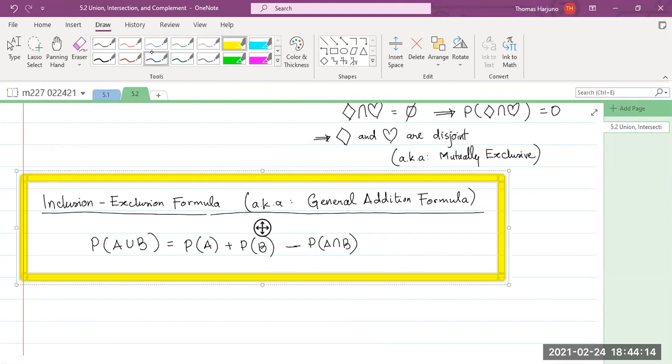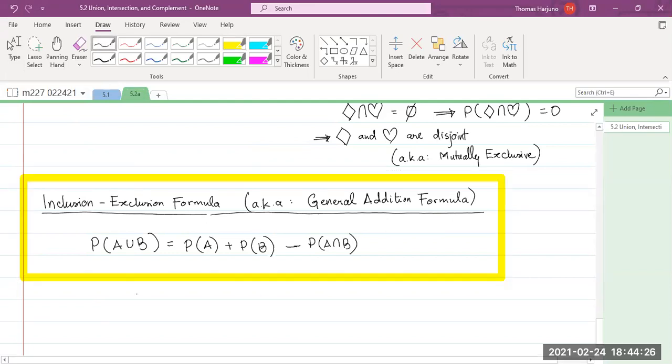Okay, so on Monday, what I plan to do is, let me change this to 5.2a. I'm sorry, A. I will do part B on Monday. On Monday, we will do union, intersection, and complement on Venn diagrams.